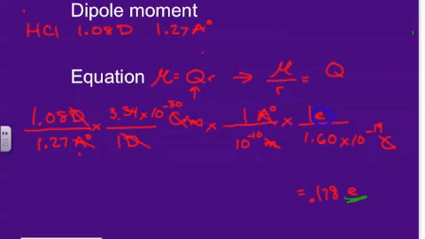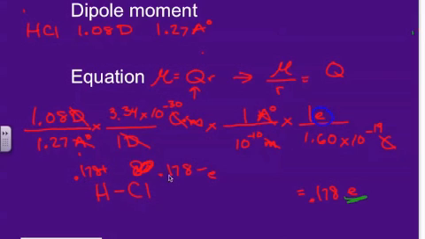0.178 e. So what this means is if I redraw my molecule of hydrogen chloride, or hydrochloric acid, this means that for chlorine we have a partial negative charge of 0.178, or I could write it this way, 0.178 negative e, and 0.178 positive for hydrogen.